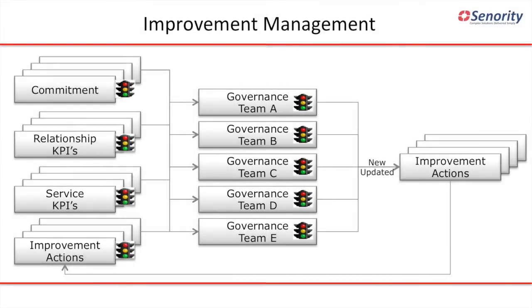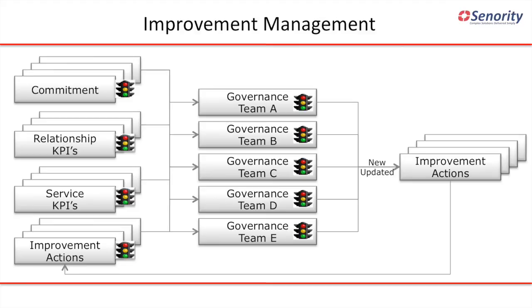In Evaluetor, you can define all the teams and all the governance teams that are part of your relationship. For example, there might be a steering group, an operations board, or there might be an executive board. You can define as many governance teams as you like, and all of the contract commitments that we have defined, all the KPI scores, or if you have service KPIs, all those can be assigned to governance teams to monitor and assure that all these things are handled in a proper way in order to maintain a sustainable relationship.